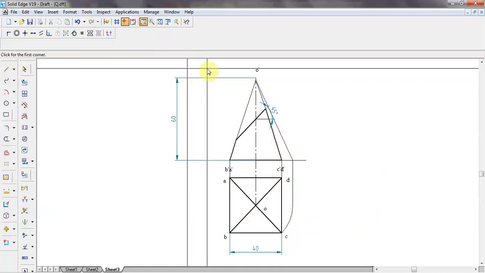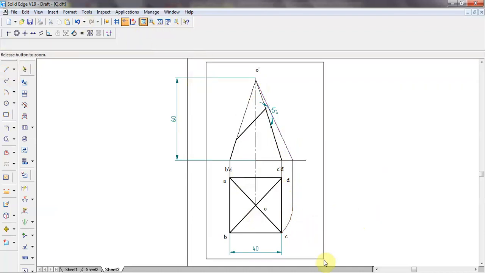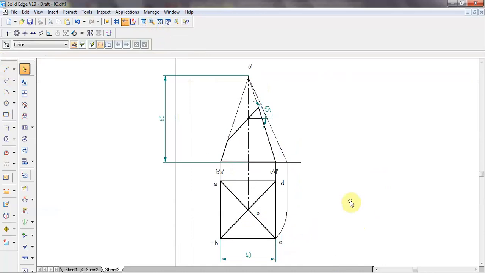So the section plane is cutting the pyramid at 4 points, on OA, OB, OC and OD. Let me mark the points. It is cutting OA at 1, OB at 2, OC at 3 and OD at 4.